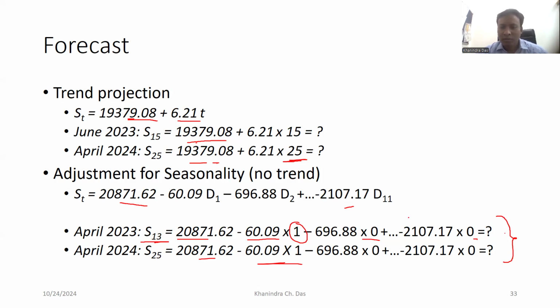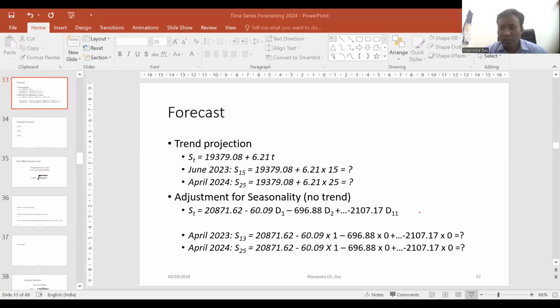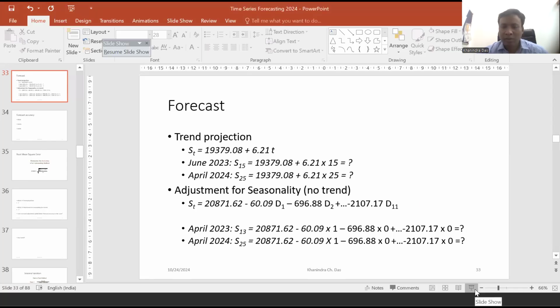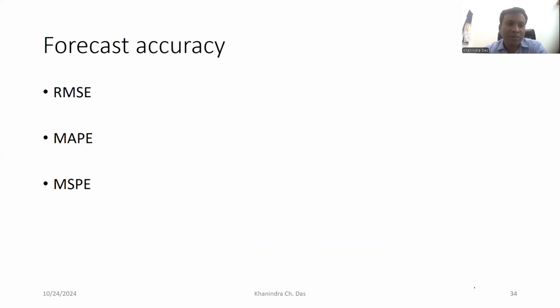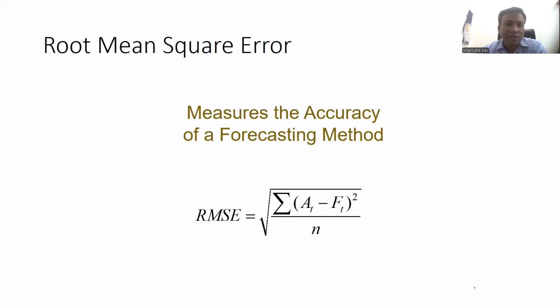So we are now going to check forecast accuracy. And to do that, we are going to use root mean square error. And there are other measures as well. Root mean square error is nothing but the difference between actual and forecast.